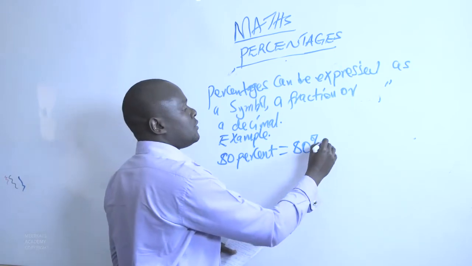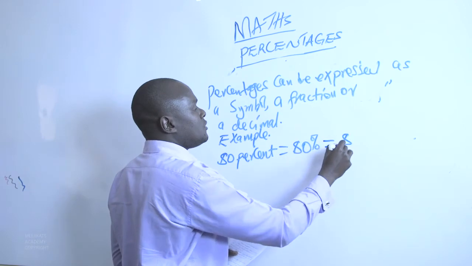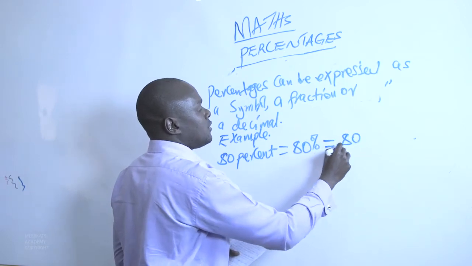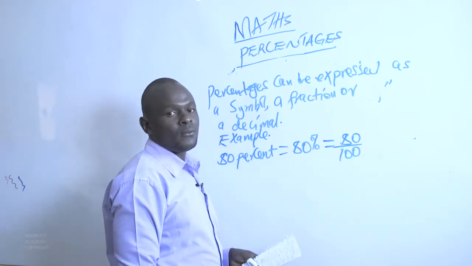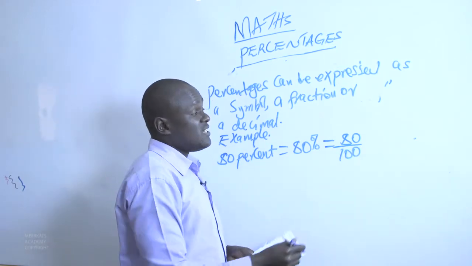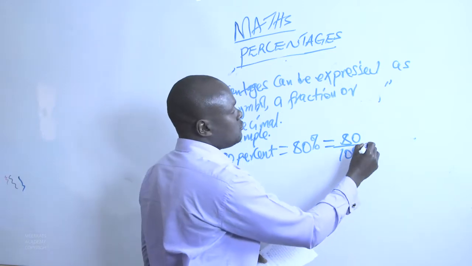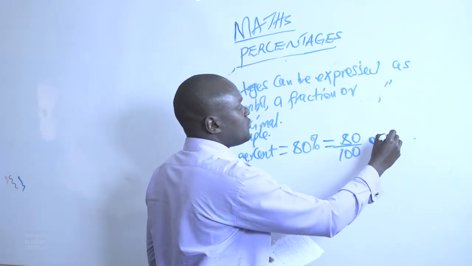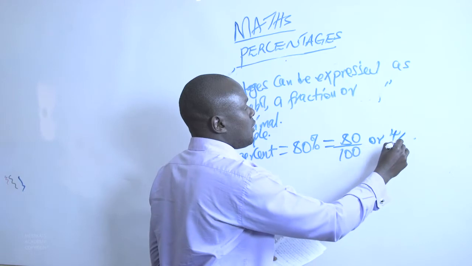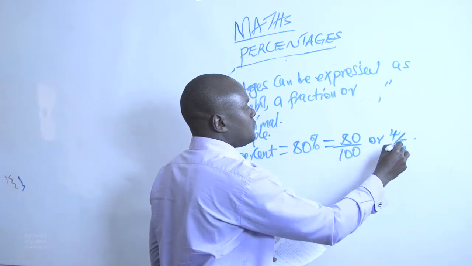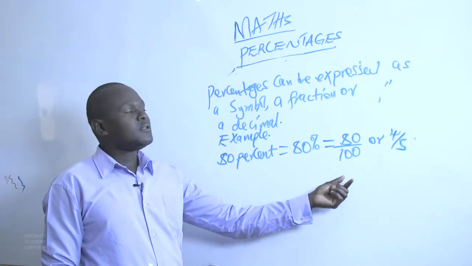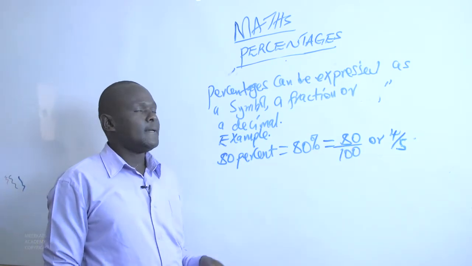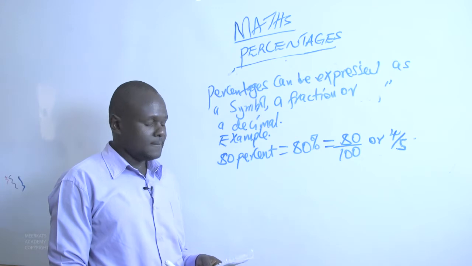And the same can be expressed as a fraction, which is 80 out of 100, or its equivalent fraction, which is actually 4 out of 5. 4 out of 5 is an equivalent fraction to 80 out of 100.